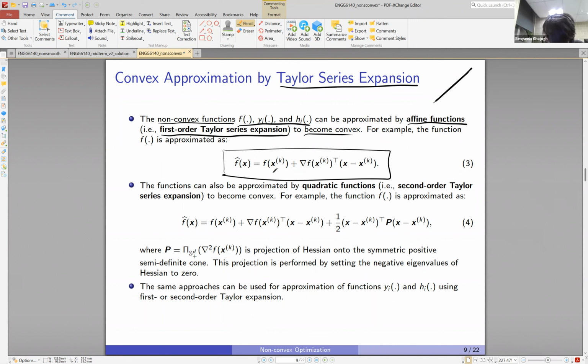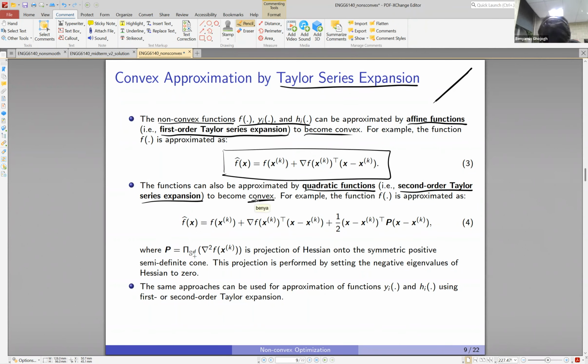So this is f of xk, the evaluation of f at xk, plus gradient of f at xk transpose times x minus xk. So this is the first order Taylor series expansion around the point xk. Or we can use more accurate approximations like quadratic functions, which is the second order Taylor series expansion, to make it convex.